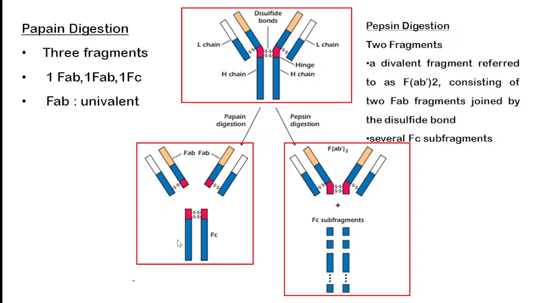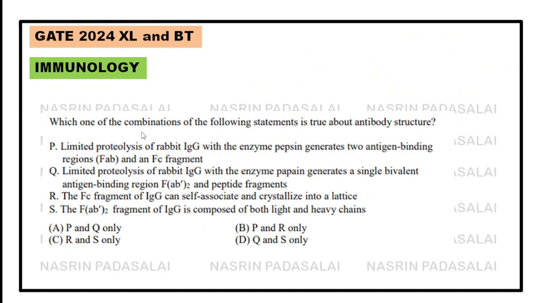So here, in papain digestion, the Fc is intact. There is no breakage in the Fc fragment. With pepsin, the Fc fragment is subdivided and produces many tiny Fc fragments. So option B is incorrect, because limited proteolysis of rabbit IgG with papain generates two antigen binding regions, but here it says pepsin. With regard to statement Q, limited proteolysis of rabbit IgG with papain generates a single bivalent antigen binding site.